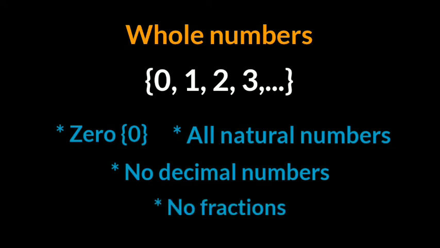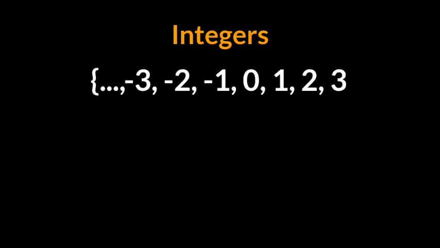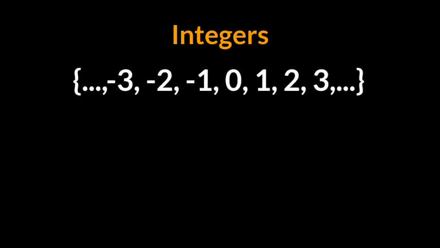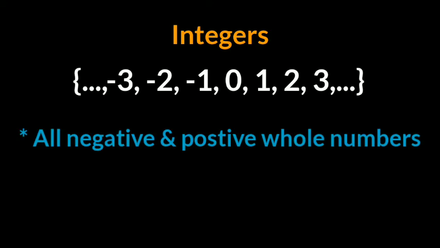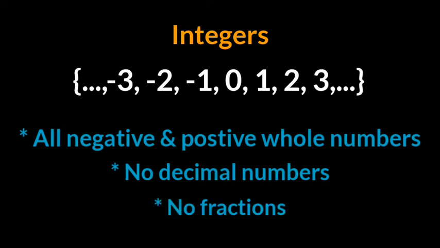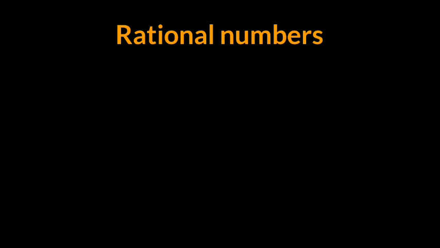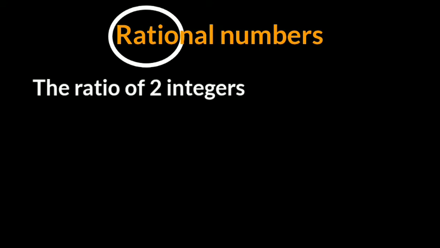The next one is integers. Integers are like your minus 3, minus 2, minus 1, 0, 1, 2, 3. They're actually numbers that include negative and positive whole numbers. They do not include decimal numbers or fractions. The next is your rational numbers. Your rational numbers can be expressed as the ratio of two integers.